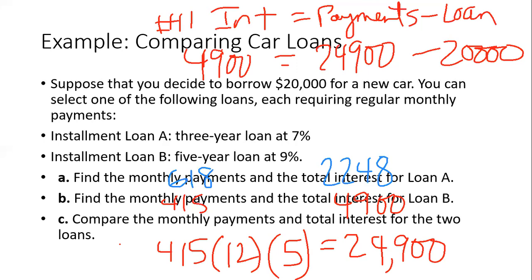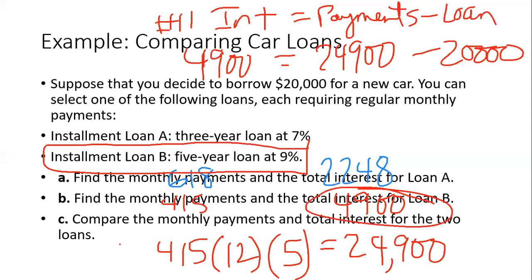Or do you want to make sure that you aren't paying too much in the end overall? And for some people, at some points, this loan B might be the better choice, even though you do pay more in the end.